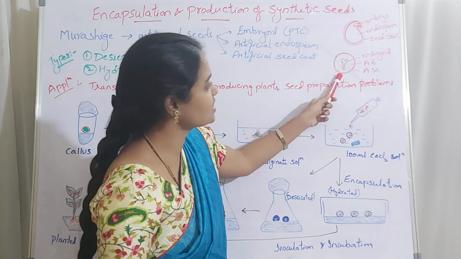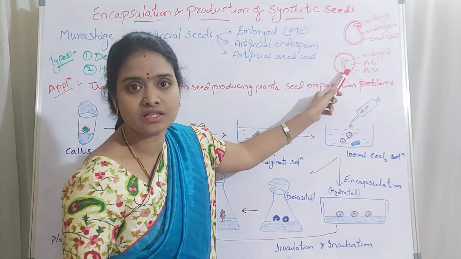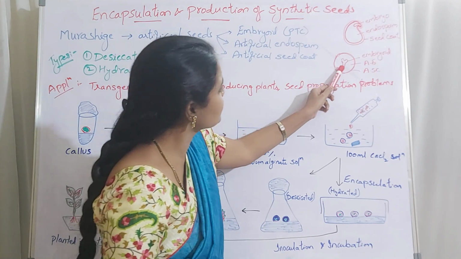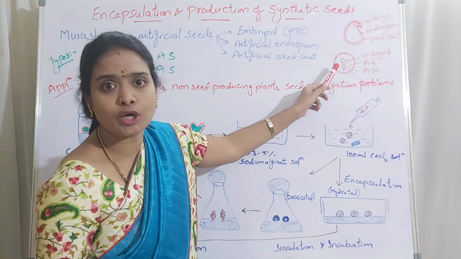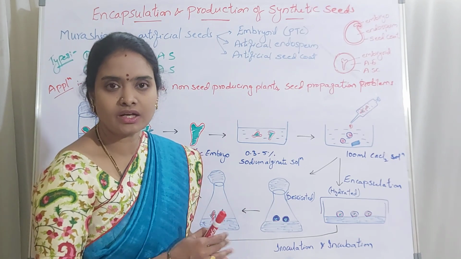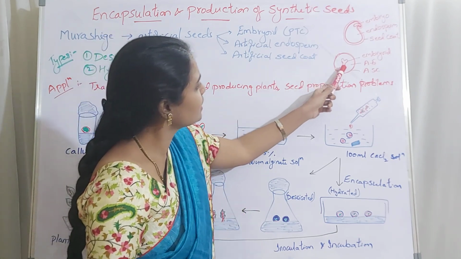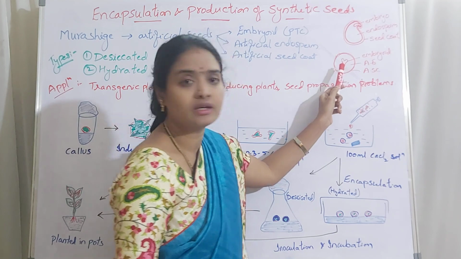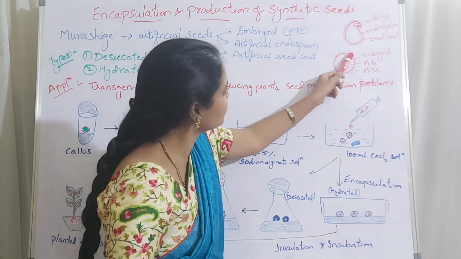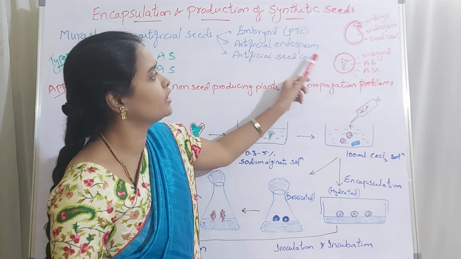Whereas in case of artificial seed or the synthetic seed which Murashige has prepared, here he has taken the embryoid which is produced by using somatic cells, right? By using the somatic cells, he has cultured these embryoid in plant tissue culture media. Then he has encapsulated it with artificial endosperm.